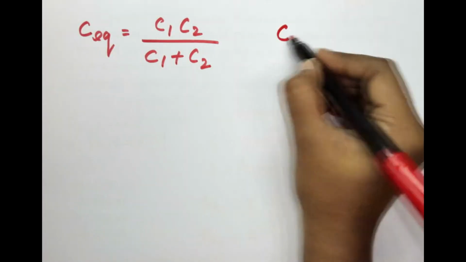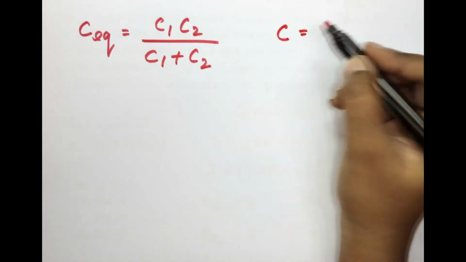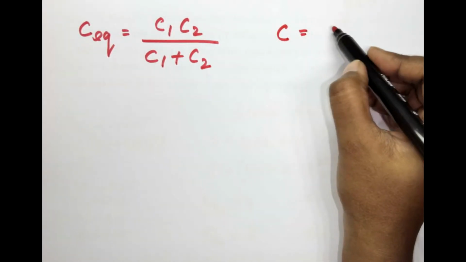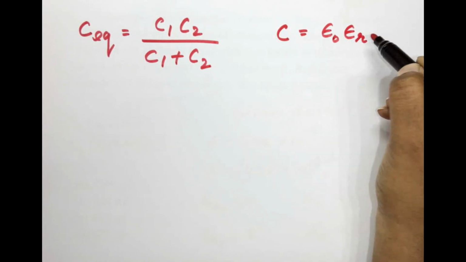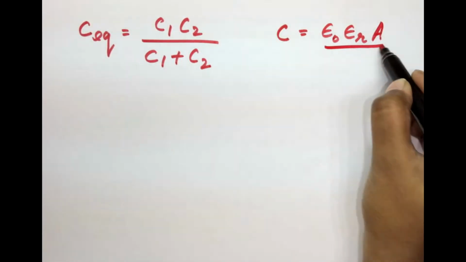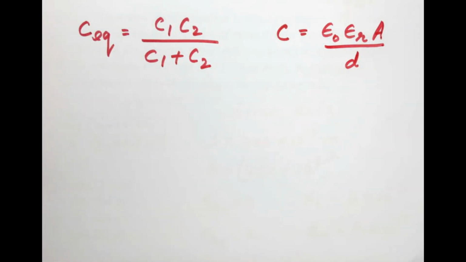Now we know for a fact that C, the capacitance of any element, is written as epsilon naught times epsilon r area divided by thickness.